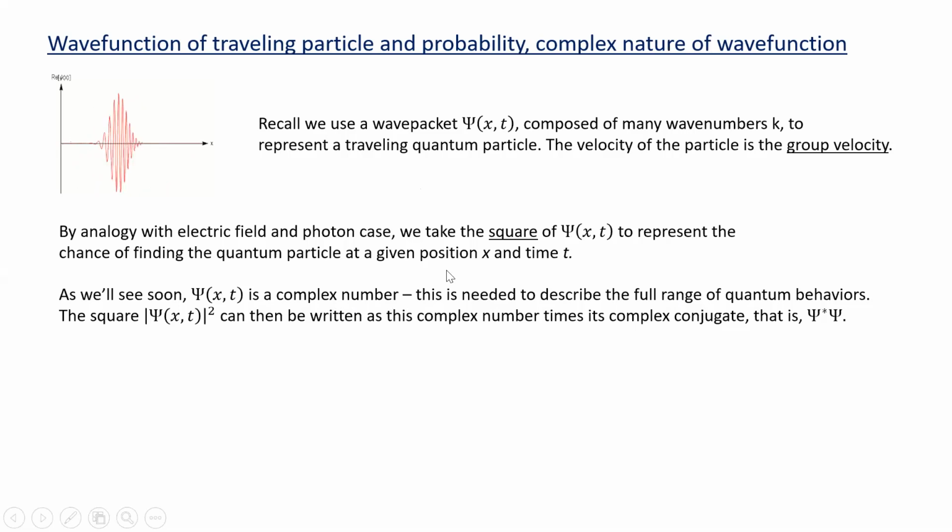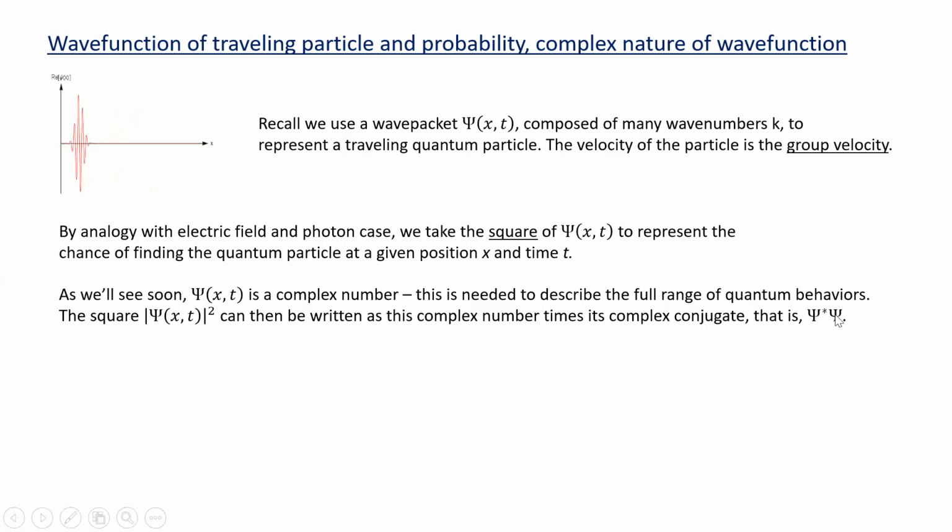So the square of psi, |psi(x,t)|^2, can actually be written as this complex number, the wave function, times its complex conjugate, that is, dropping the x and t, psi star psi.